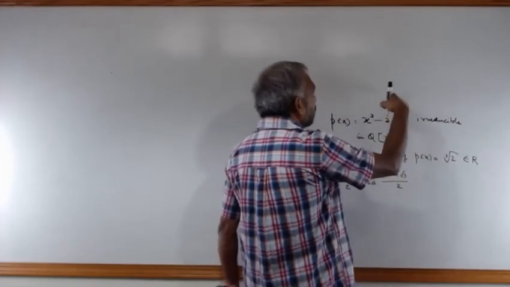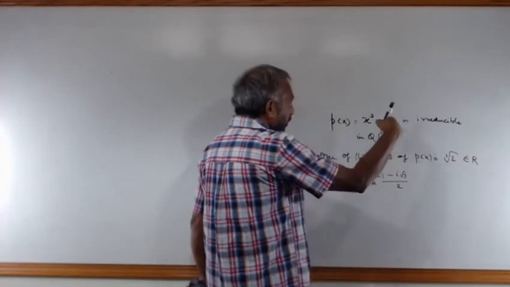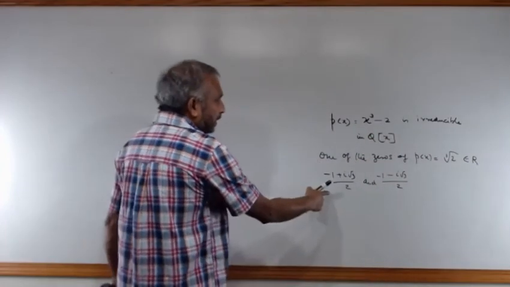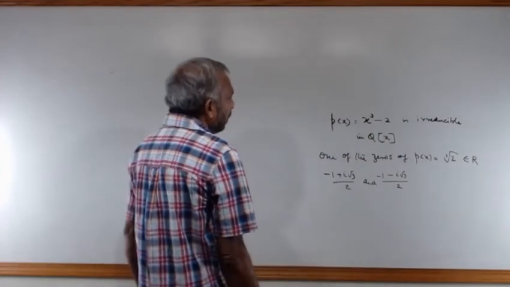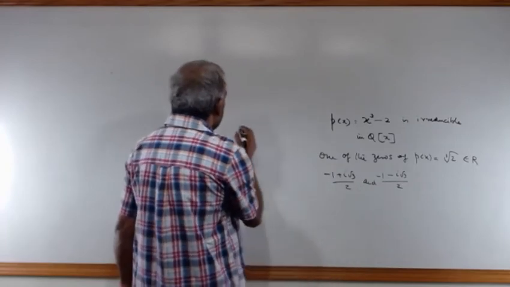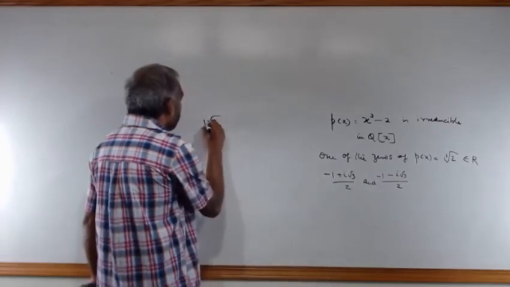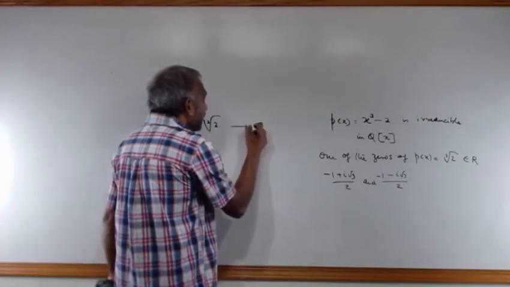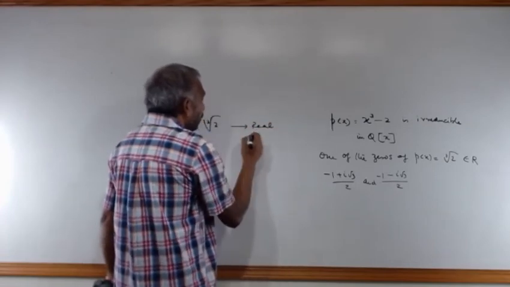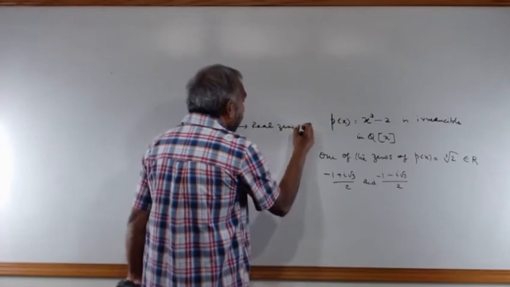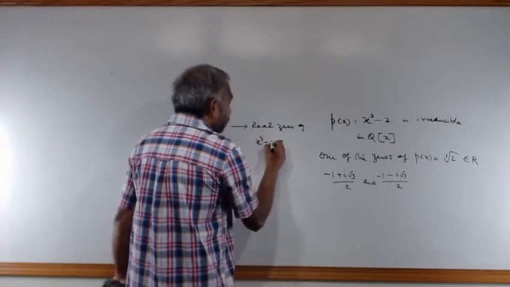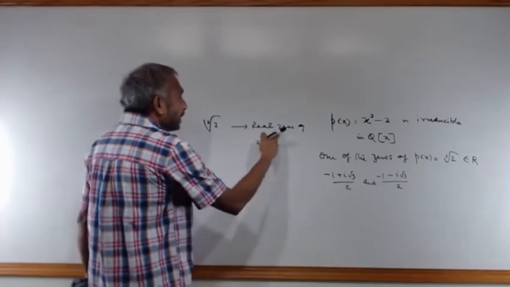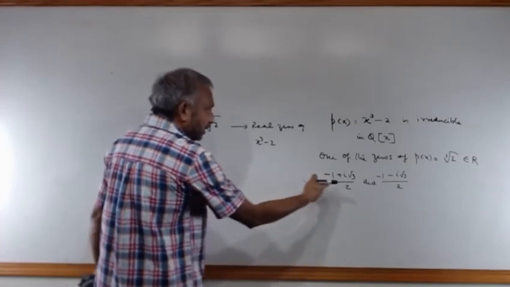Then use minus b plus or minus root of b squared minus 4ac by 2a. You'll get this. So the cube root of 2 is actually a real zero of x cube minus 2. The complex zeros of x cube minus 2 are these two.